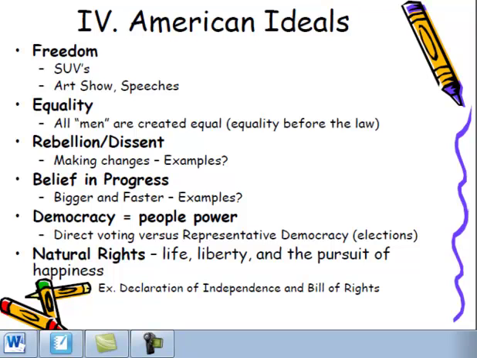Basically belief in progress. What's a good example of progress in the United States? How have we progressed from back in the 1800s or 1700s? Cars. Good. Computers, technology, right?